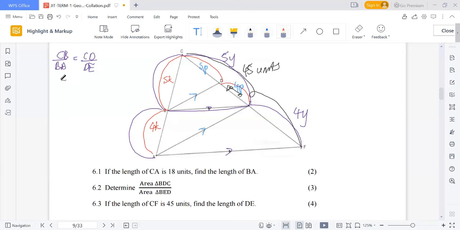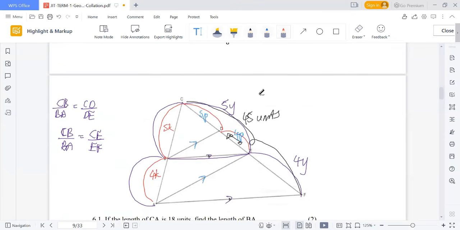But again, the same CB over BA is in proportion to CE over EF.